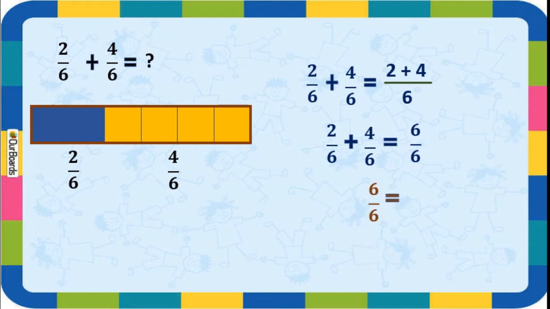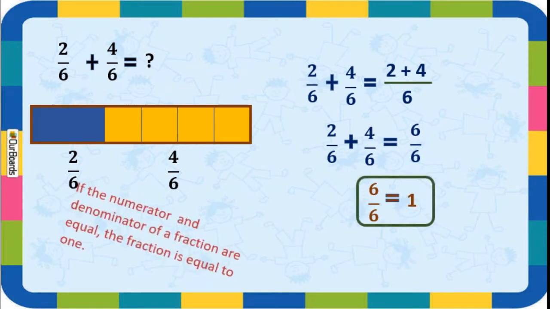But students, see here, 6 upon 6 is equal to 1, because see the picture, the full picture is colored. The rectangle is divided into 6 equal parts and all the 6 parts are colored, meaning the whole one is completed. So dear students, this is our answer.